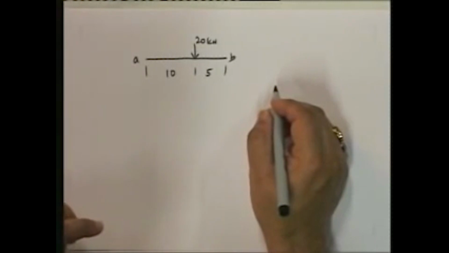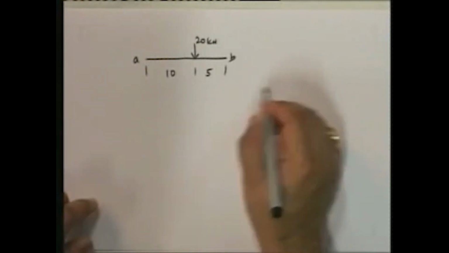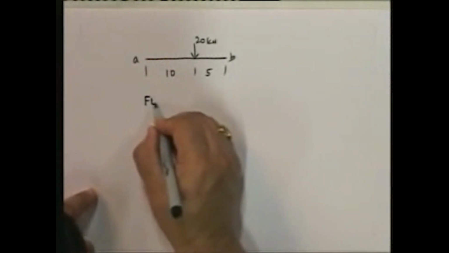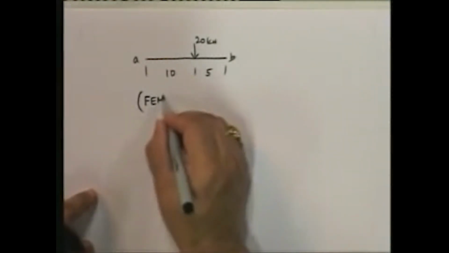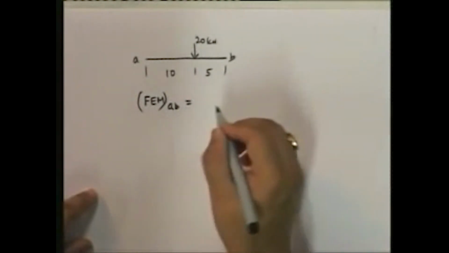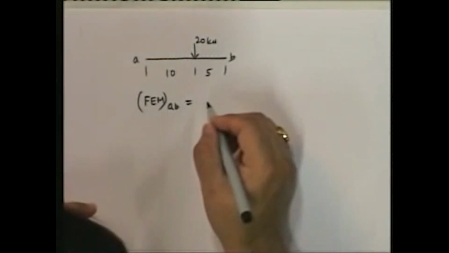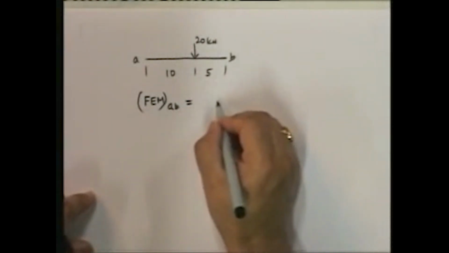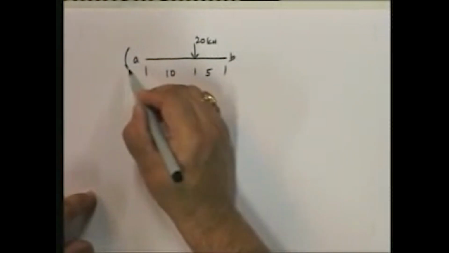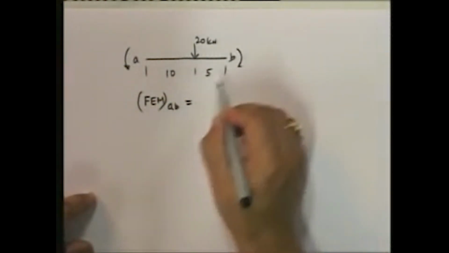Okay? So if you look at it, what is this going to give me? The fixed end moment at AB is going to be equal to P, and note that this is going to be this way, this is going to be this way.